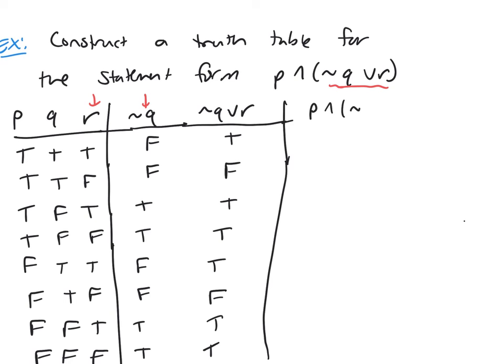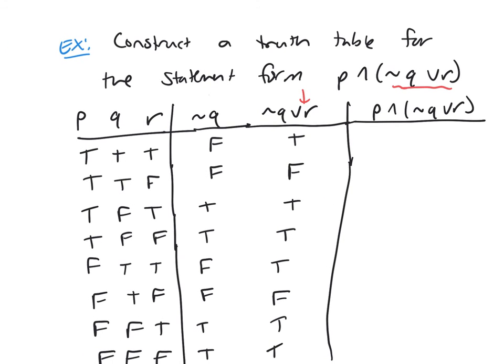P and not Q or R. So look at these last. We're going to look at the last column, and we're going to look at P as well, and put an and between them. So they both need to be true.